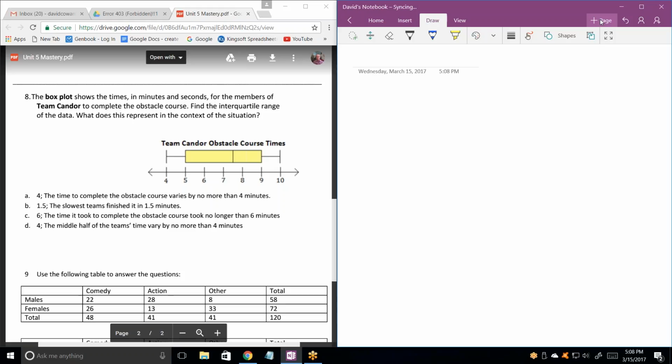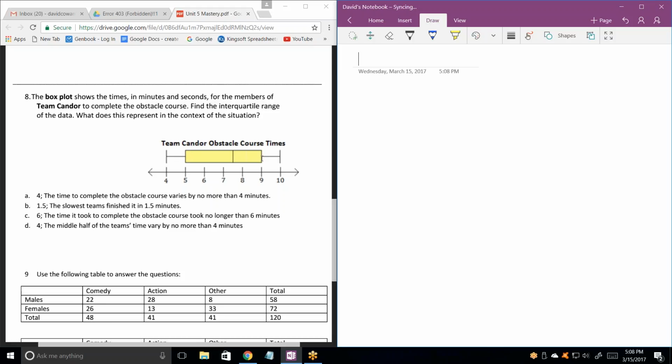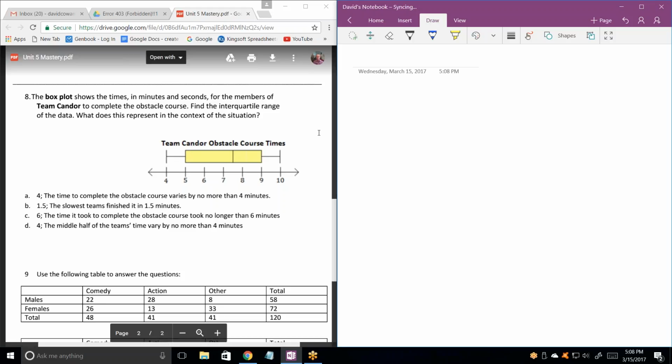So what's the interquartile range? 4, 8. 4. It's the difference between that number and that number. In other words, the difference between 9 and 5. Oh, that's 4. Yep. Oh no, I was asking if it was question 8.